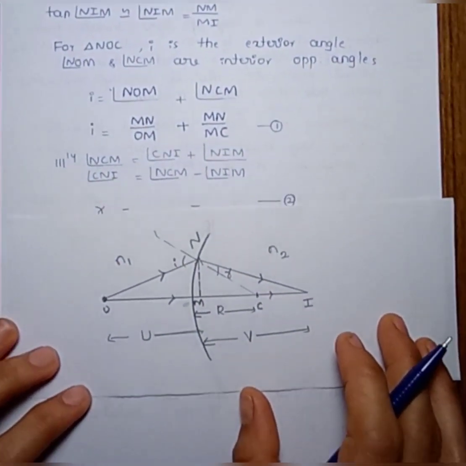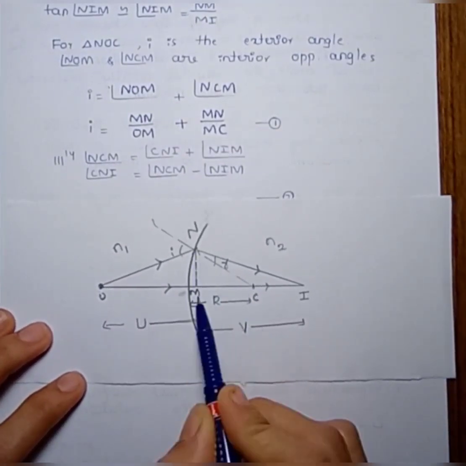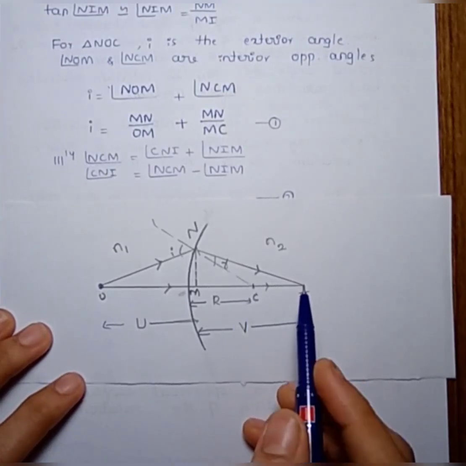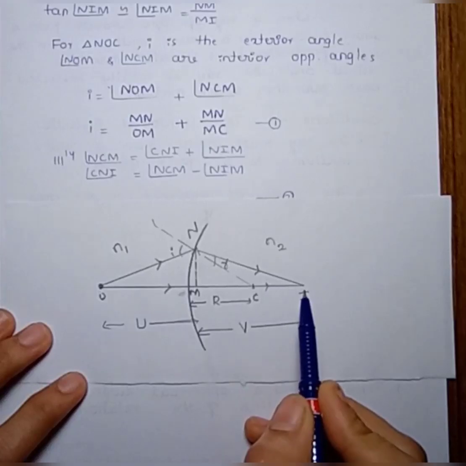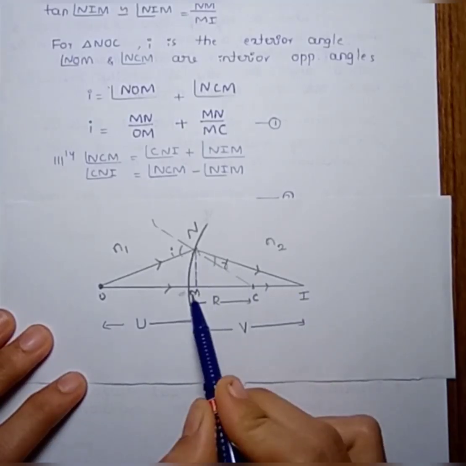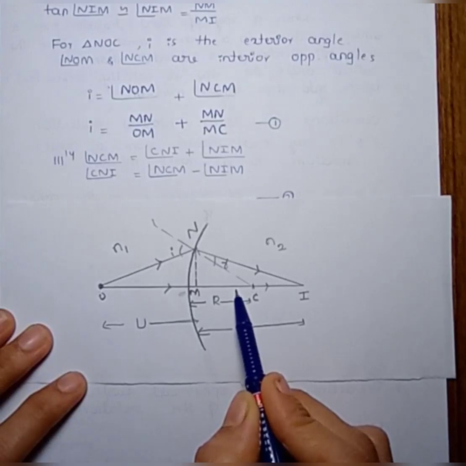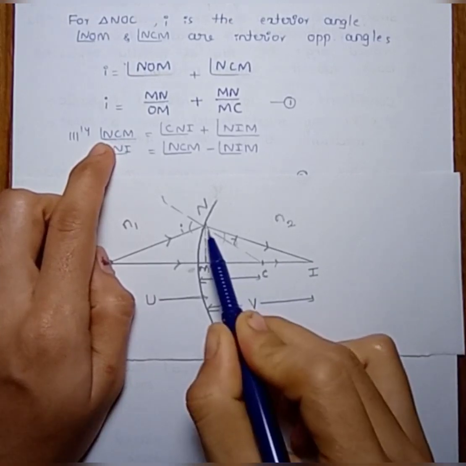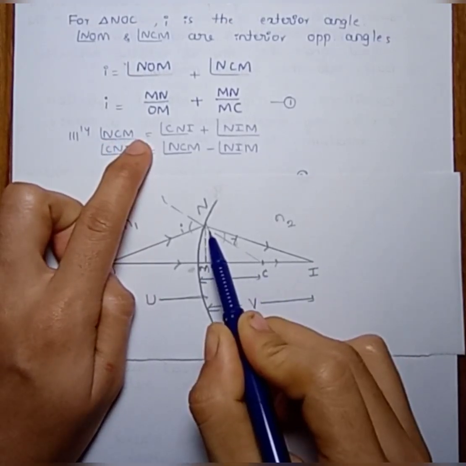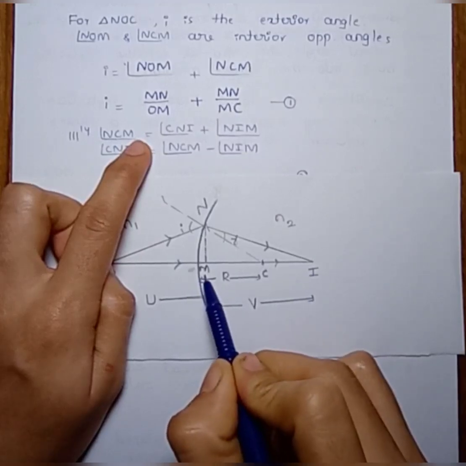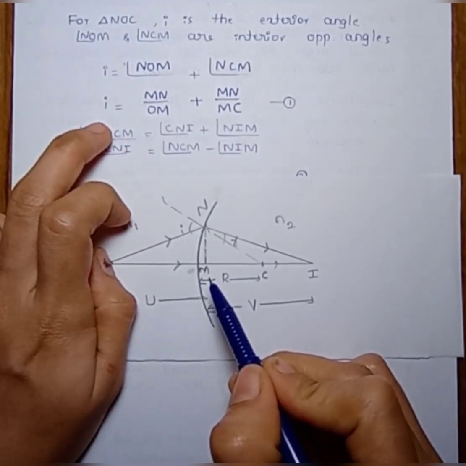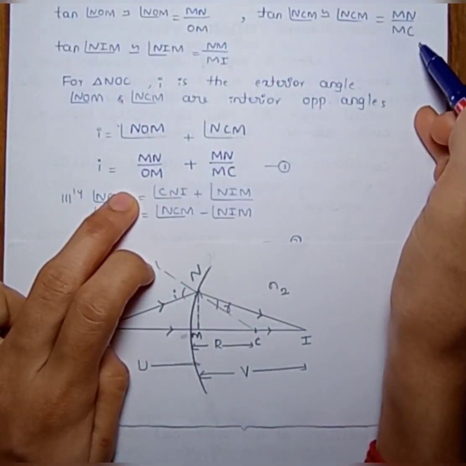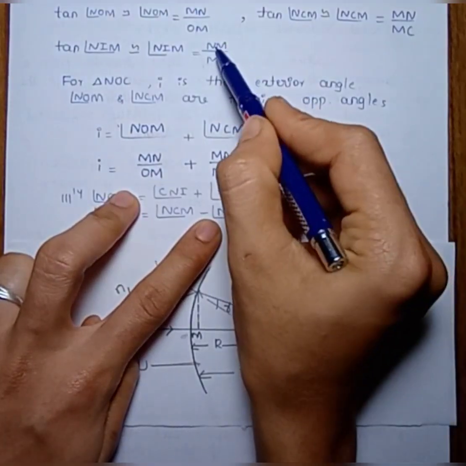Similarly, for NCM, this is the exterior angle, which equals the sum of CNI plus NIM. That means exterior angle equals the sum of interior angles. That is, NCM equals CNI plus NIM. Here, what do we have to find out? We know the two quantities: NCM equals MN by MC, and NIM equals NM by MI.